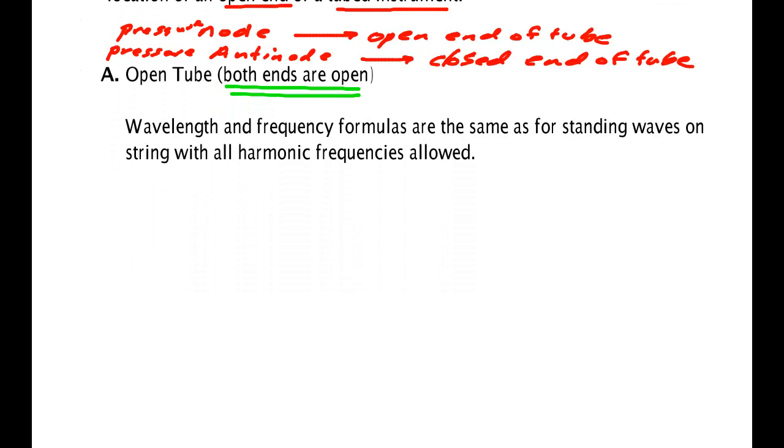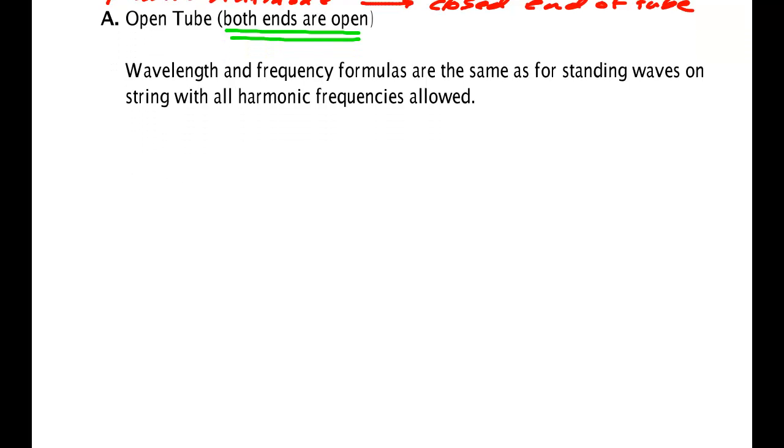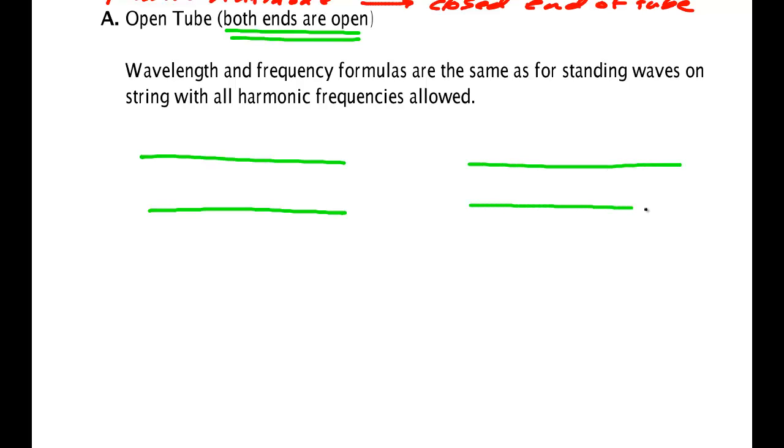So in the open tube, we have the situation like this. The tube is closed on no ends. So let me draw that right, like this. And I'm going to draw two pictures because I'm going to draw a picture for pressure and I'm going to draw a picture for displacement.